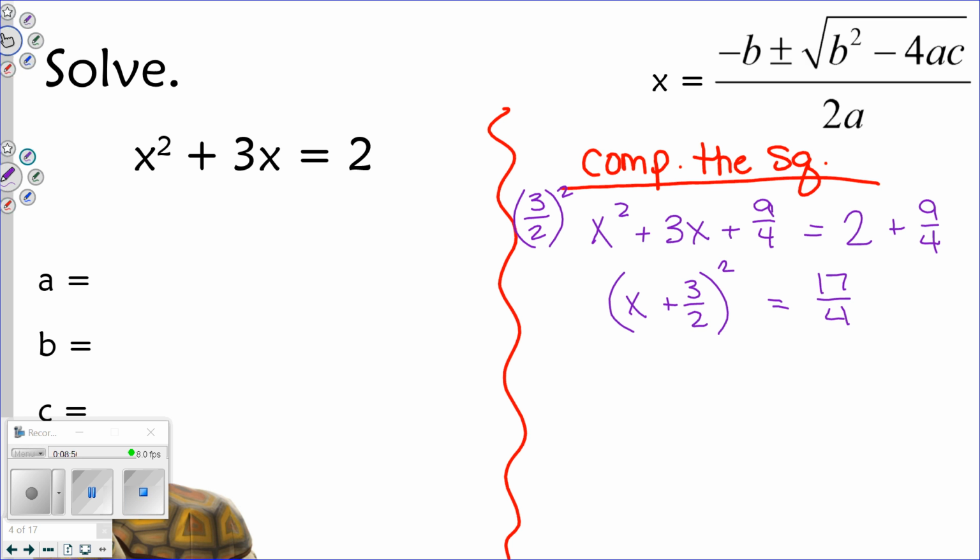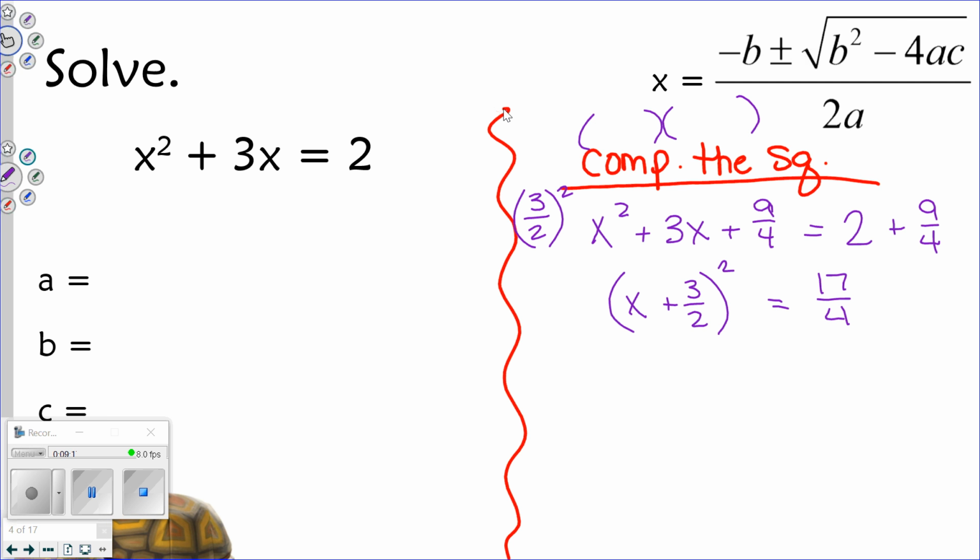All right, 17 fourths. This one, we factored it. It's like it just disappears. It doesn't disappear because what you've done is you've factored.